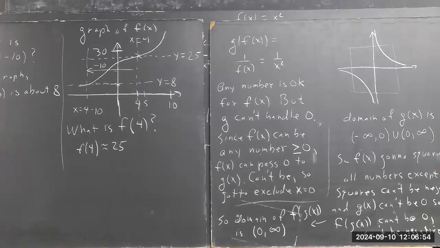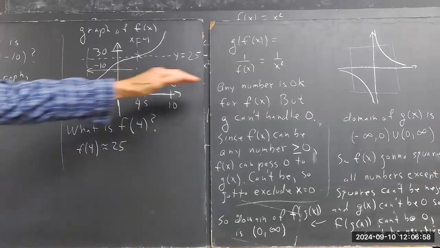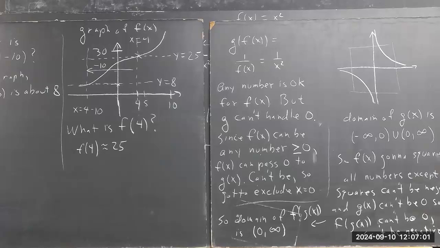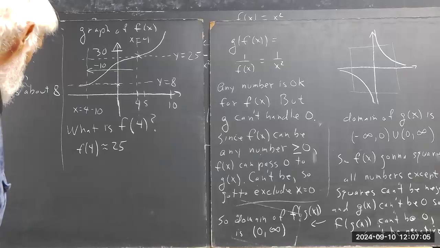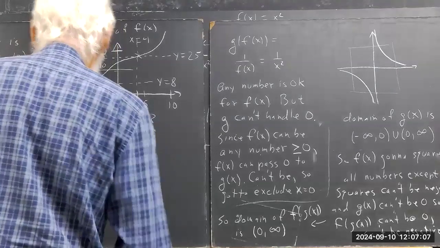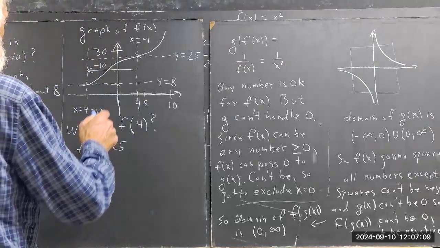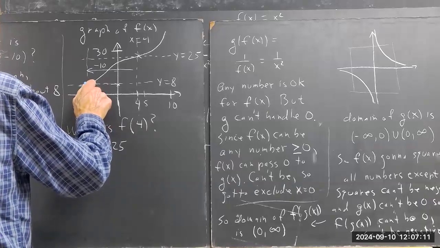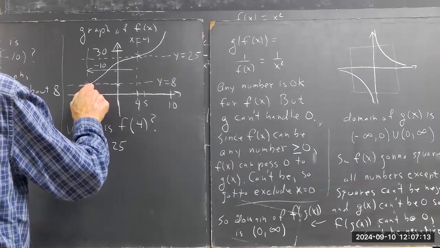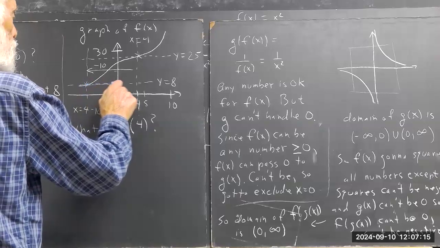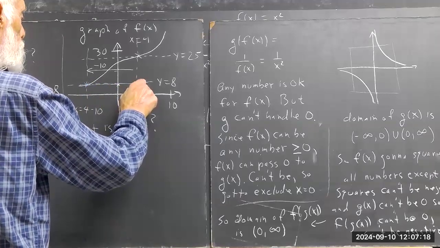Now, if we move this entire graph 10 units to the right, we get, well, this point here, move 10 units, and it'll be here, won't it?